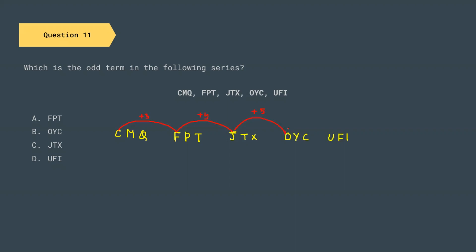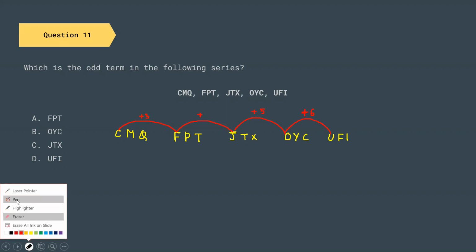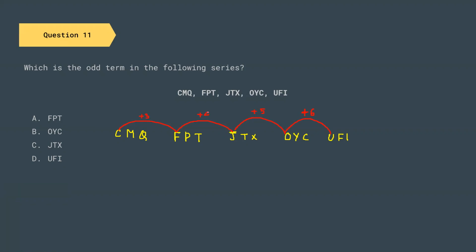And from O to U, this is plus 6. Okay, so I will just write this properly here. So we have plus 3, then plus 4, then plus 5, then plus 6.